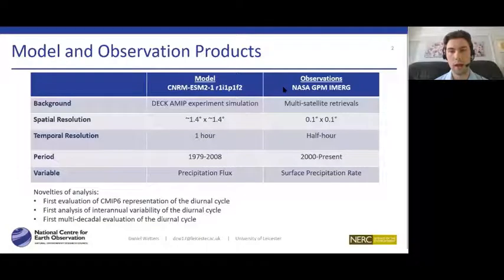It comes from multi-satellite retrievals, so the estimates are provided using spaceborne radar, spaceborne passive microwave radiometers, infrared sensors, and ground-based gauges. The product provides the finest spatiotemporal resolution of any observation product currently available, at 0.1 degrees and every half an hour, over the past 20 years.